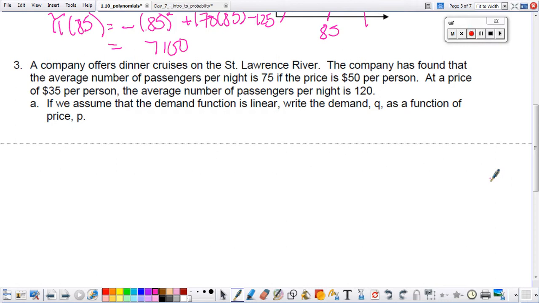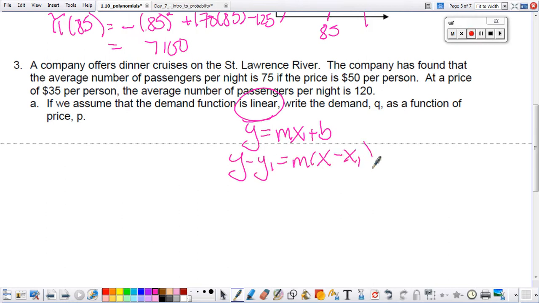Okay, so for number 3, the company has found that the average number of passengers per night is 75 if the price is $50 per person. At a price of $35 per person, the average number of passengers is 120. If we assume that the demand is linear, we can either use slope-intercept, or maybe we'll use point slope.